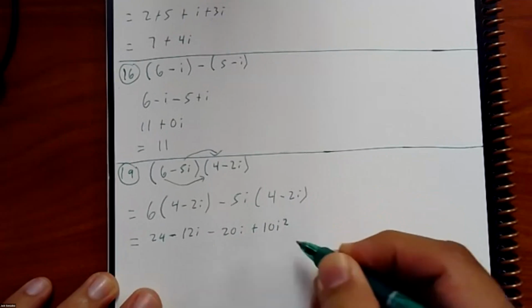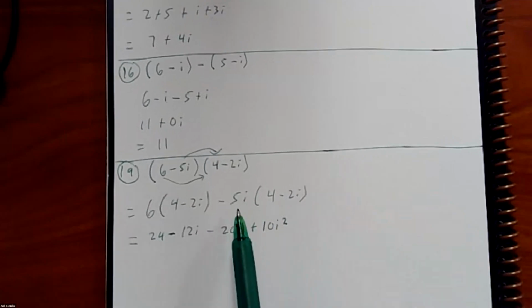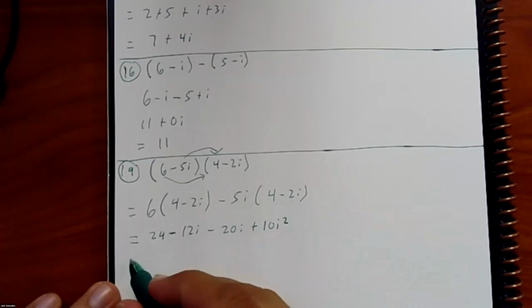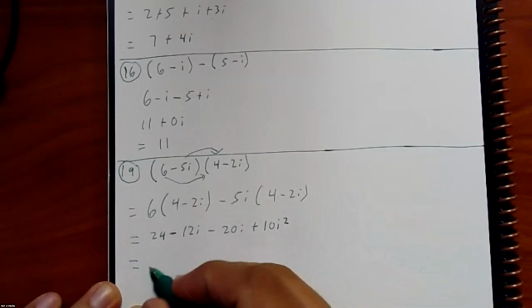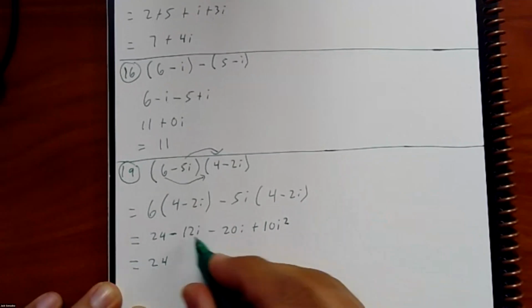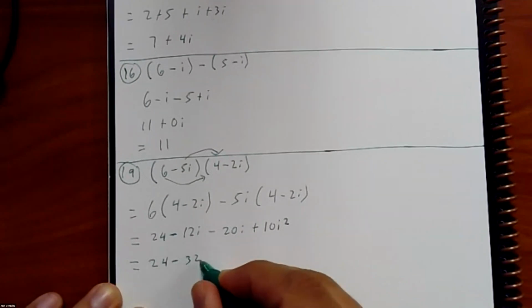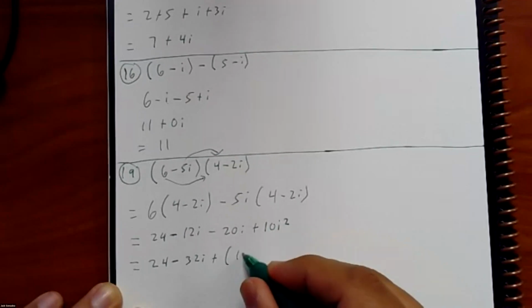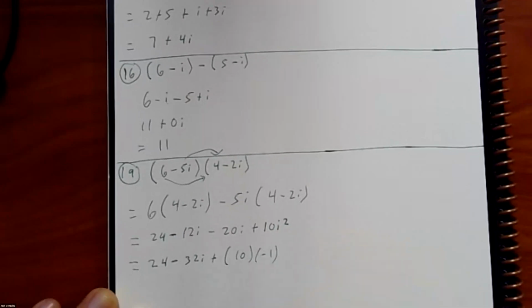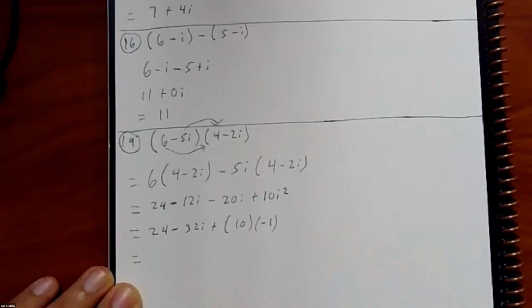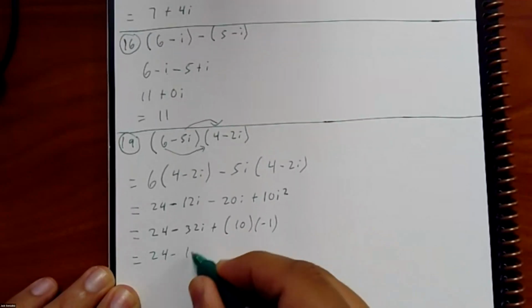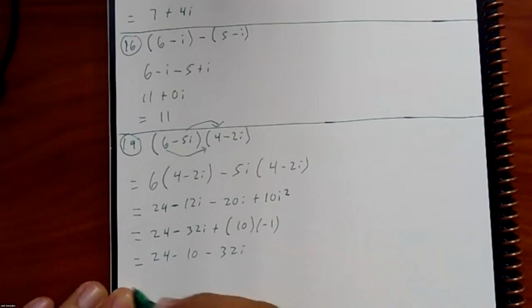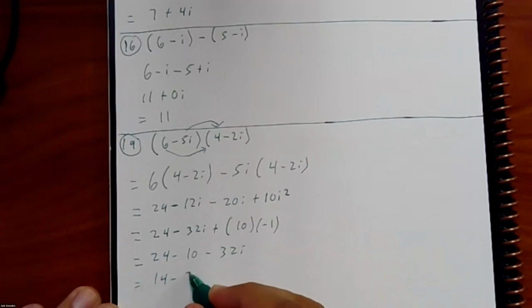But here you get the i squared, so this is where things get a little different. 5 times 2, i times i gives me this, right? You've got to be very careful with your signs here. So 24, 12 minus 20, that'll be minus 32i, plus i squared is a negative 1, right? So we get 24 minus 10 minus 32i. So 14 minus 32i.